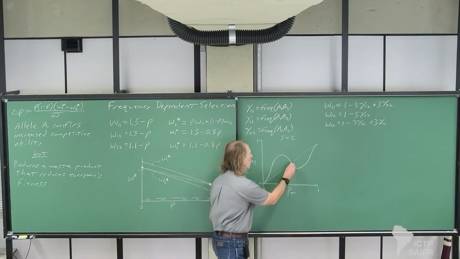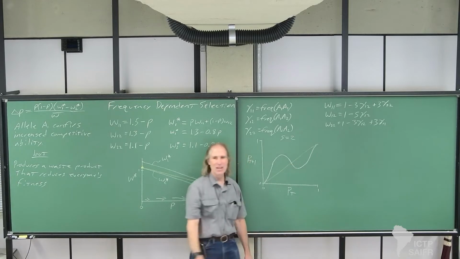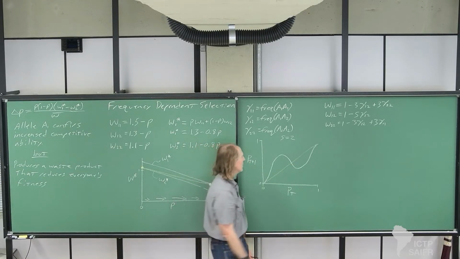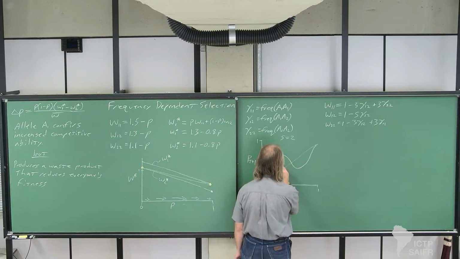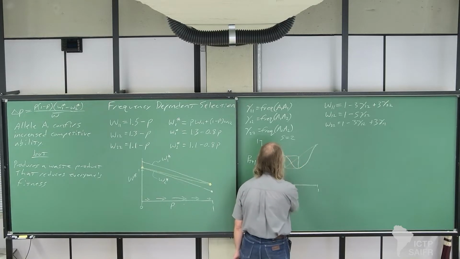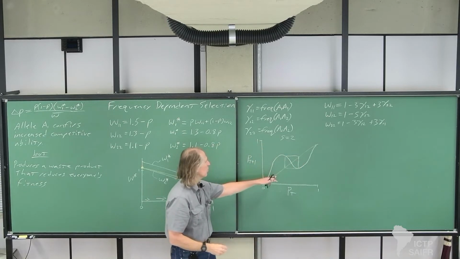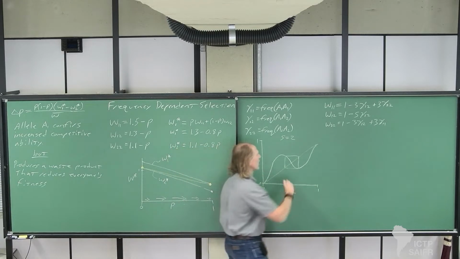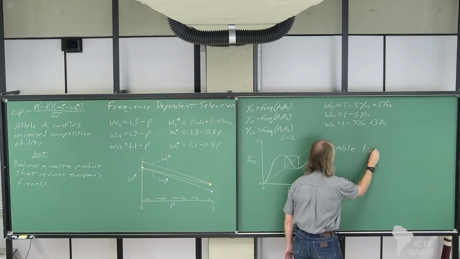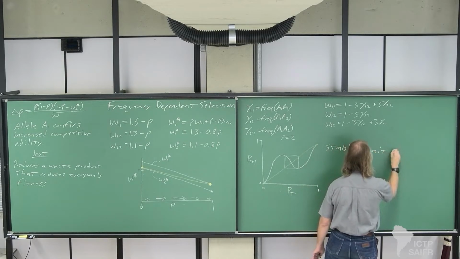So this point is not stable, right? You bounce around out from that. This is a case where there is a stable limit cycle, and it kind of looks like this, roughly. So s equals 2 yields a stable limit cycle.